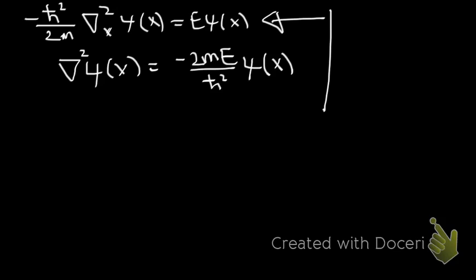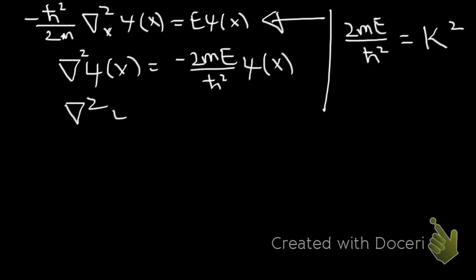Let's say that this term, 2mE over h bar squared, is some constant k squared. With that substitution, I can write the Schrodinger's differential equation as negative k squared psi of x.